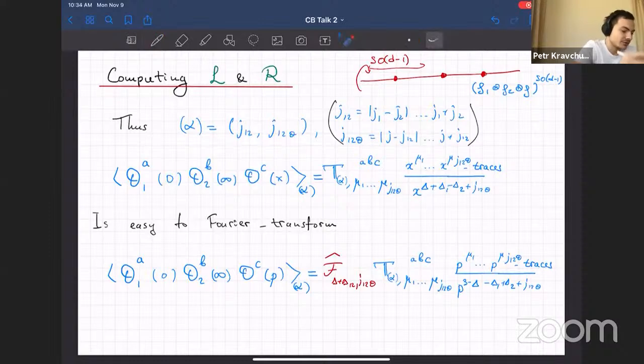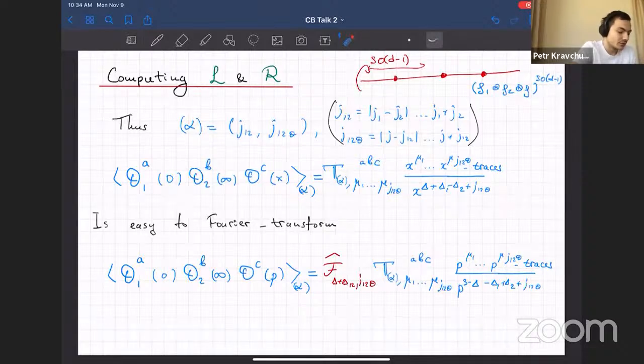Now here I'm doing something slightly different. Instead of specifying the 3-point function in a single configuration, I'm specifying it for any x, but the position of O1 and O2 is still fixed. And in this case, what I need to make sure, analogous to this construction, is that the expression that I specify is invariant now not under SO(d-1), but under SO(d) and dilatations, because these are the transformations which keep me inside the class of configurations that I allowed.